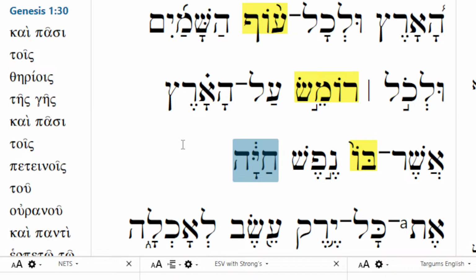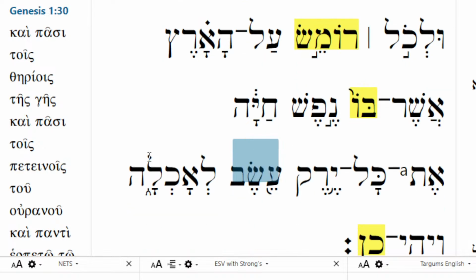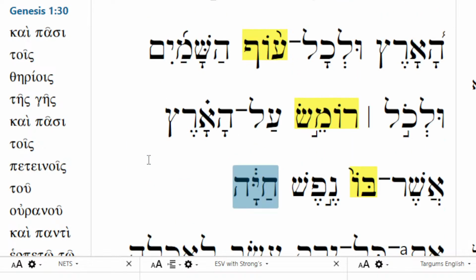Beit does not have its own vowel, therefore the vav must be the vowel symbol there. Bo. And that's it for that verse, but hopefully that gives you some idea. It is far less common in Hebrew to see vav as a consonant. It happens, yes, but it's far less common.